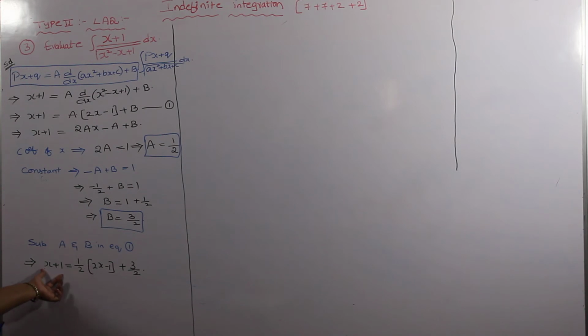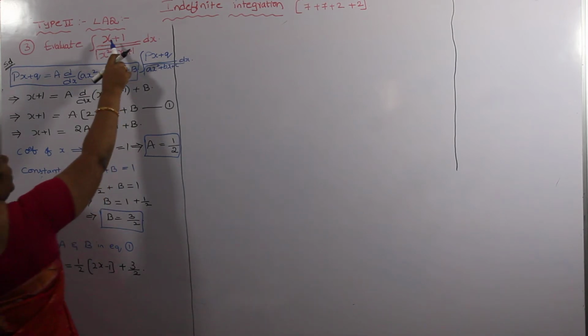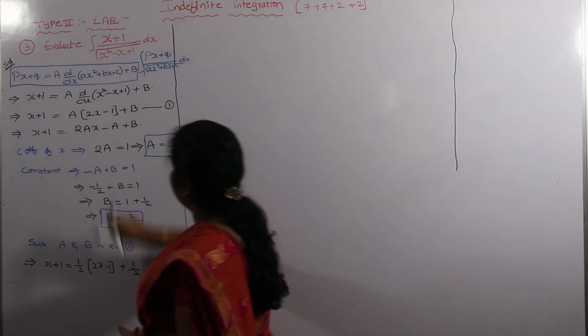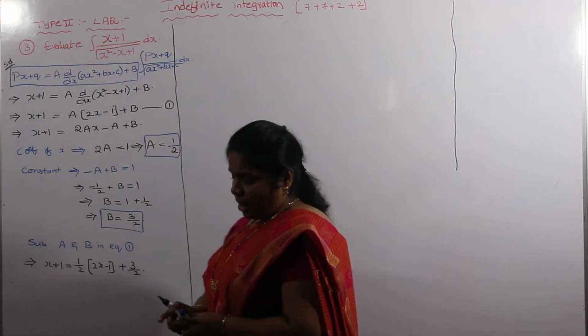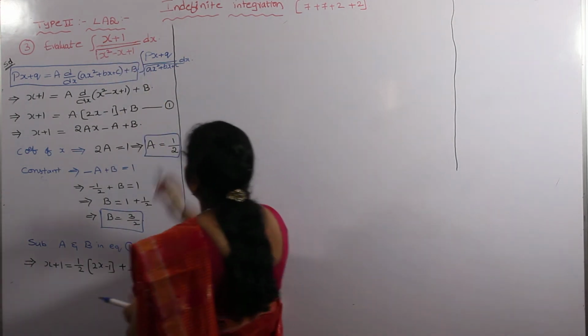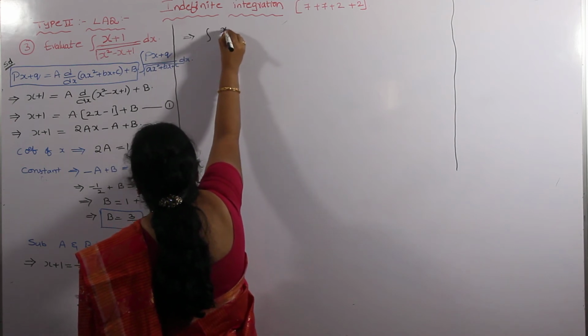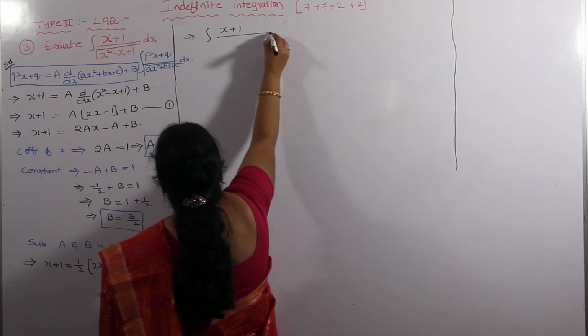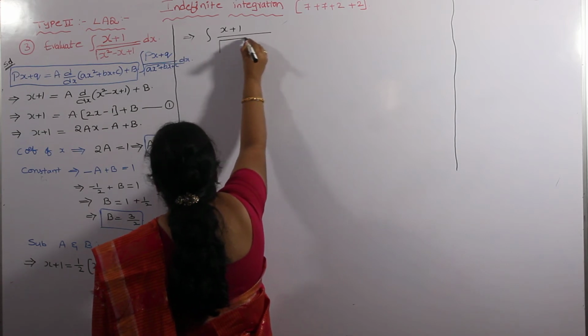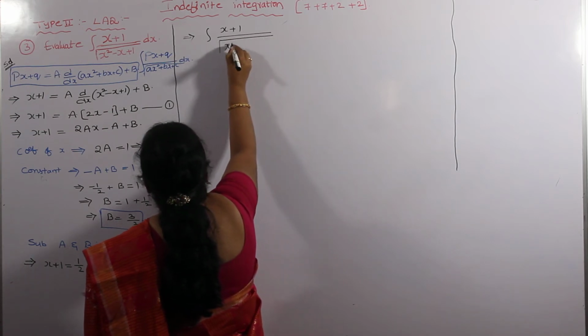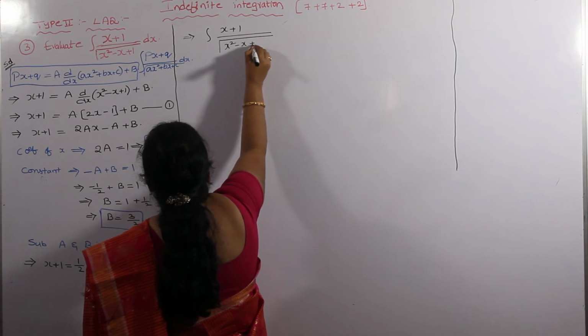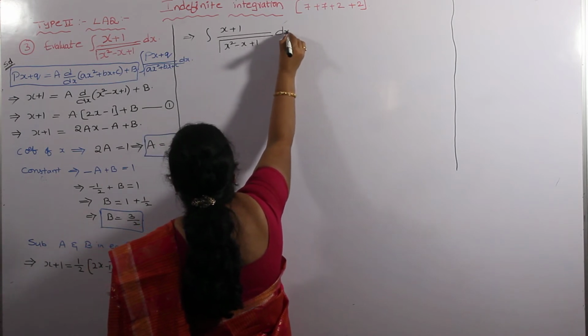Where is x plus 1? X plus 1 is in the numerator. Substitute this expression in the numerator place. Now take the problem: integral of (x plus 1) by root over (x square minus x plus 1) dx.